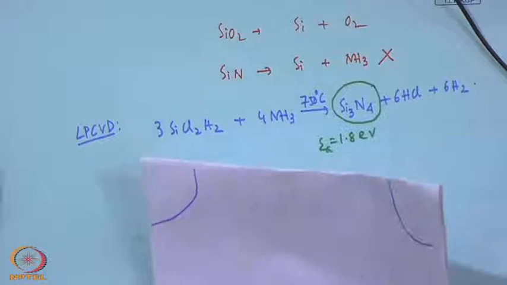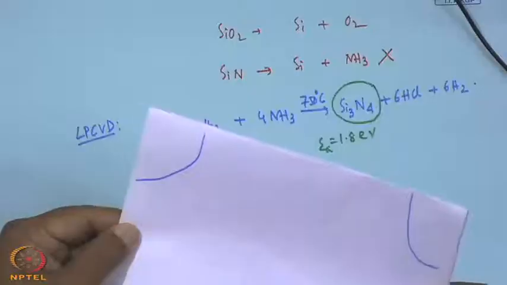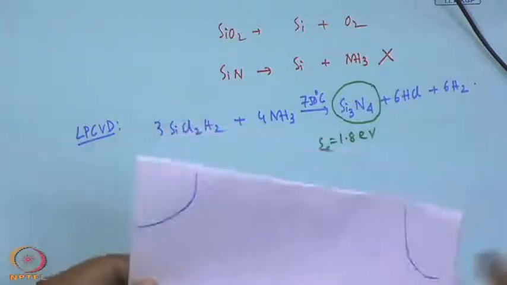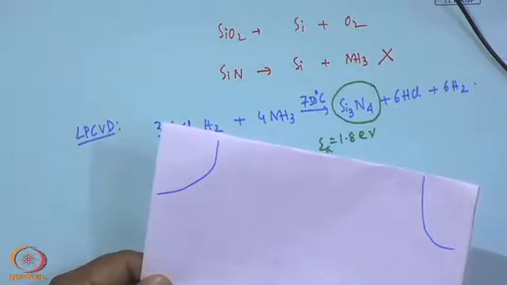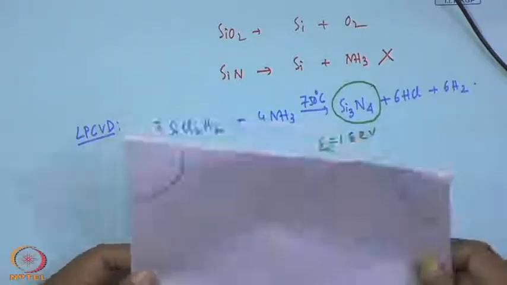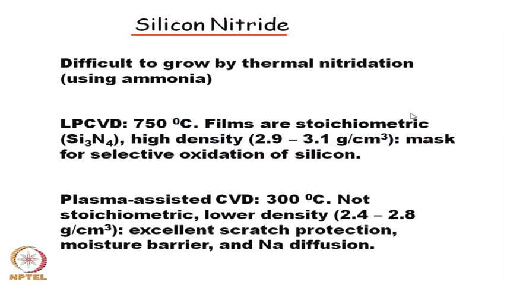Because the etch rate of Si3N4 is very small, and so the underlying silicon layer, this white piece of paper say, will not have any etching if you coat this silicon surface with Si3N4. So, that is important for this silicon nitride. It is used for masking for selective oxidation.